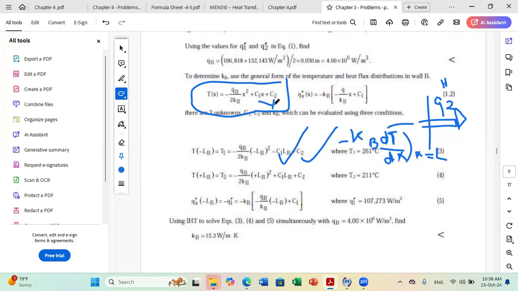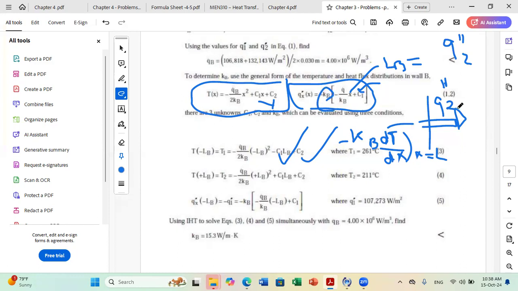If you differentiate with respect to x, you get Q second is minus KB times minus Q dot over KB x plus C1. So if you replace C1 by its value and replace x by LB, this is equal to Q second 2. The only unknown in this equation is KB. So you can calculate the conductivity in material B.